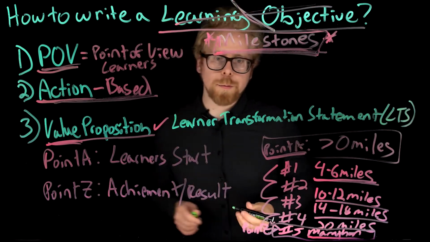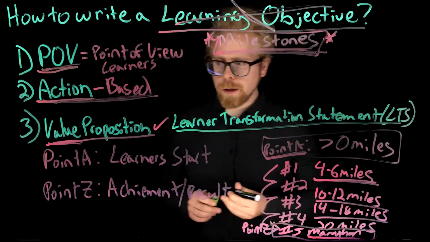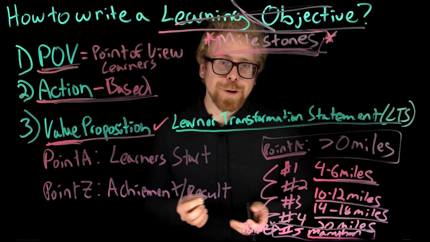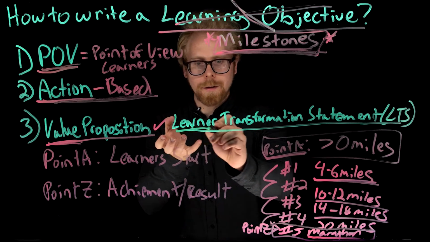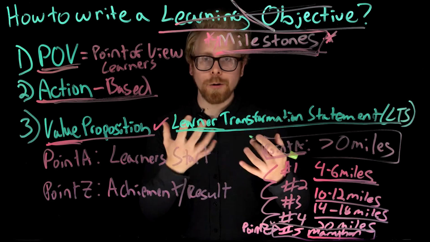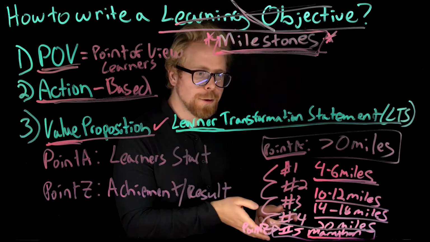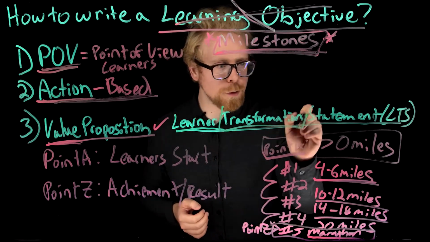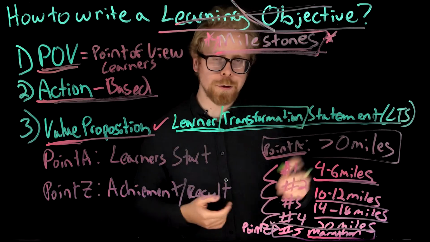Same thing as a value proposition, but we like this wording better as well because it's very self-explanatory. This is the statement of value that your learners get by taking your e-learning program. At the end of your e-learning program, they have been transformed. So the learners are transformed. That's why we call it the learner transformation statement.